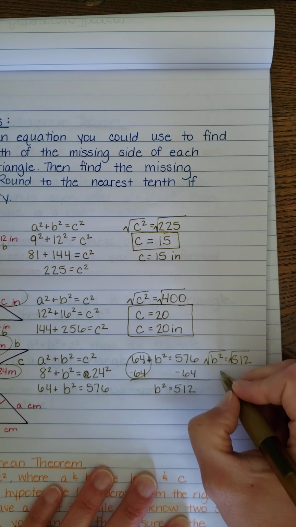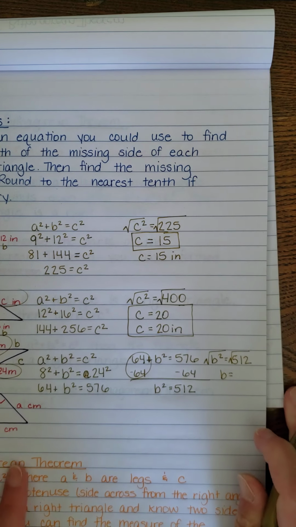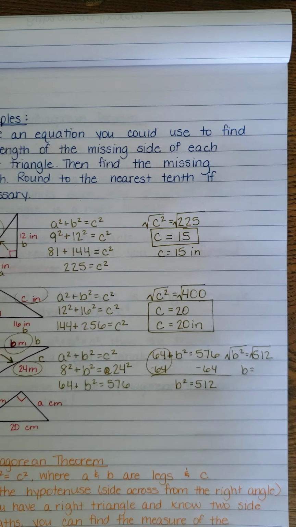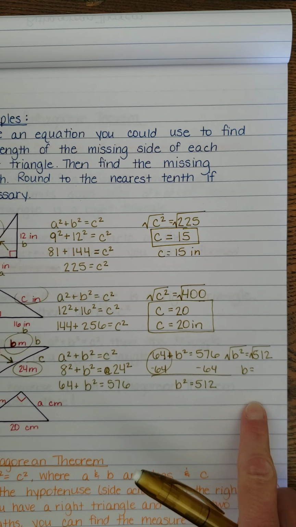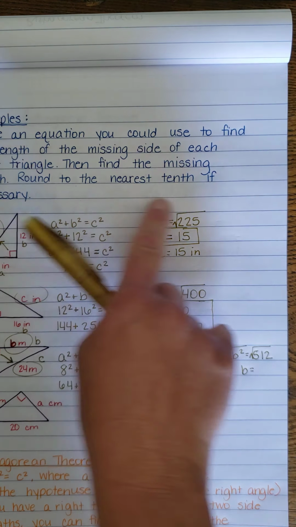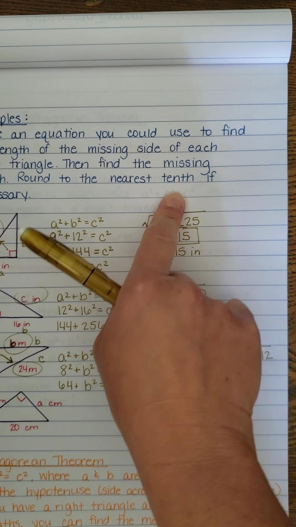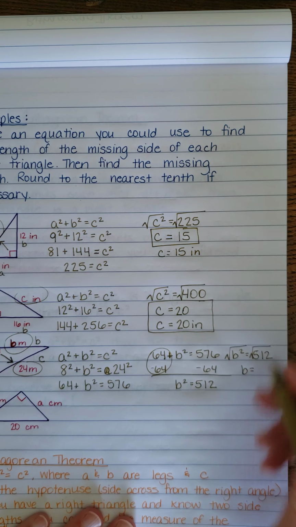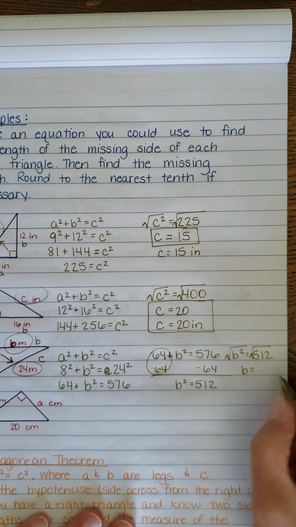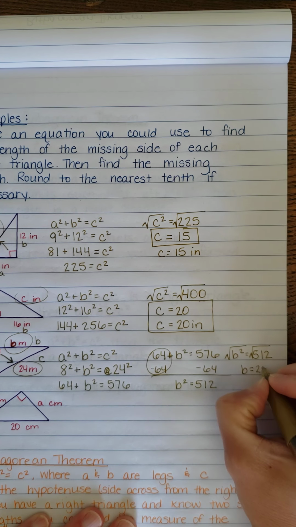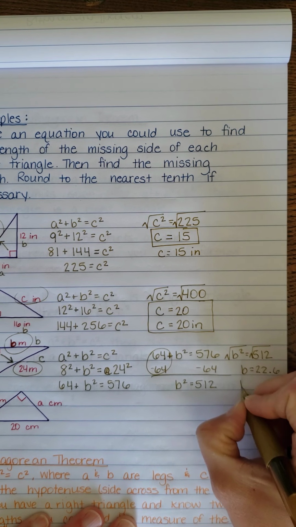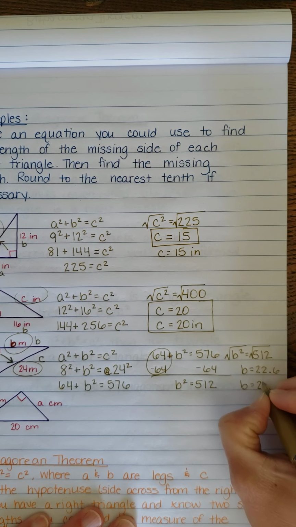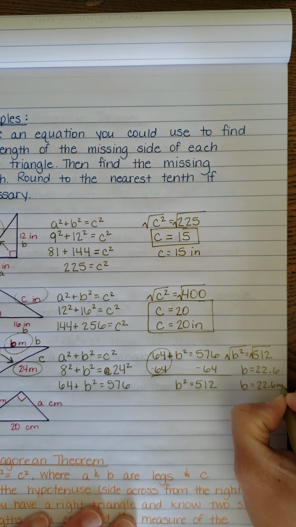So the square root of B squared is B. And the square root of 512, that is not a perfect square. So when you take the square root of it, we have to round to the nearest tenth if necessary. So when we take the square root of 512, and round it to the nearest tenth, we're going to get 22.6. So B is 22.6 meters.